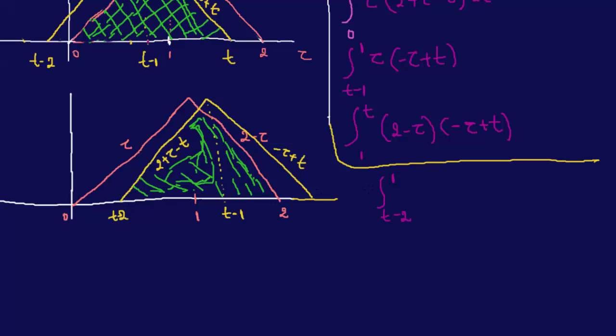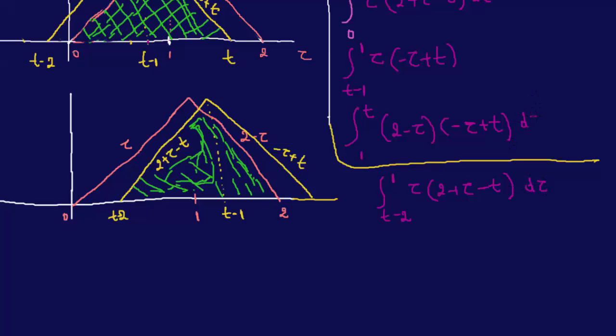From t minus 2 to 1, x of tau, which was the pink line, is tau, and our h of t minus tau in that area is 2 plus tau minus t, delta tau.